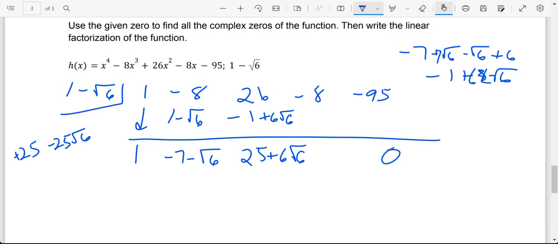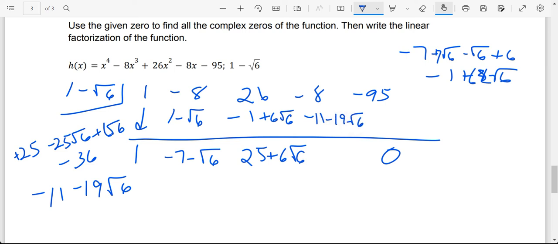And then that's going to get us plus 6 root 6. And then minus 36. Like terms get us negative 11 minus 19 root 6. Adding, you get negative 19 minus 19 root 6.